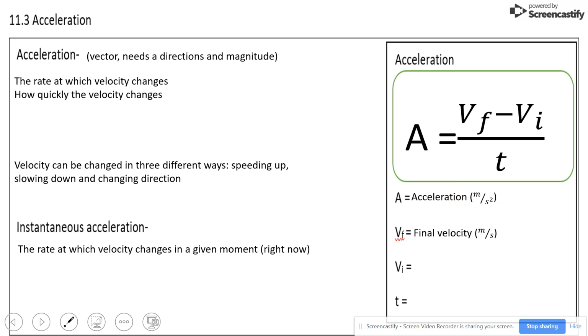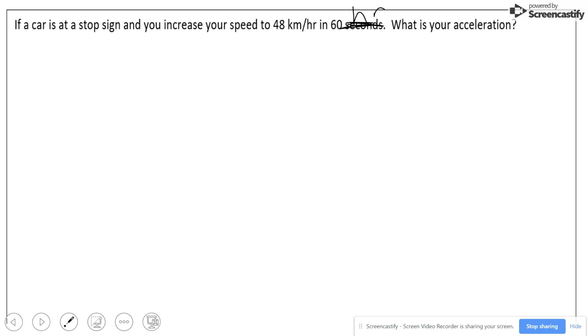VF stands for your final velocity, and remember this is a little f down below. And this is measured in meters per second. VI is your initial velocity or your starting velocity, and this is also measured in meters per second. And then of course T is time, and that is measured in seconds.